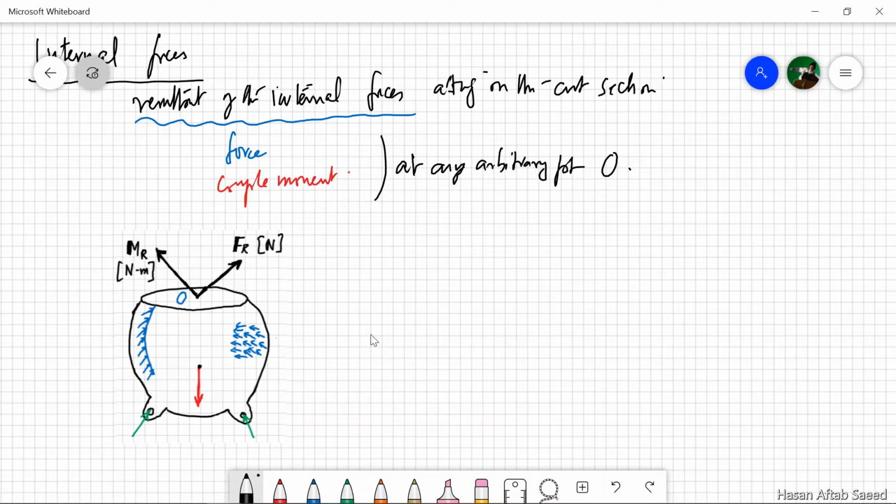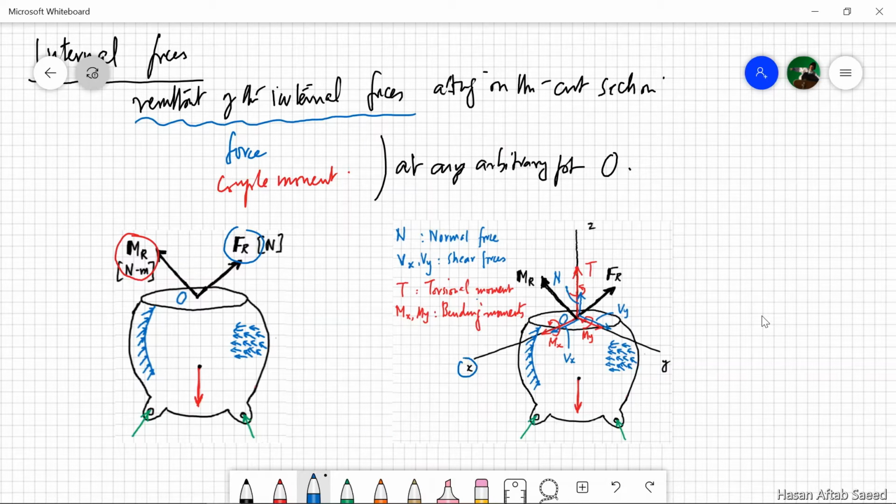In 3D problems, this resultant force and the resultant couple moment will have at most 3 orthogonal components each along the x, y, and z axes. These are the x, y, and z axes.